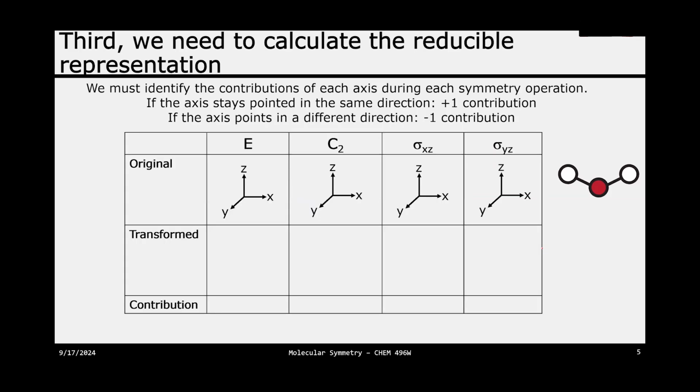So now we need to calculate the reducible representation. I assume both of you haven't done anything with reducible representations, right? Nope. The last thing we did was as far as we went. All good. So essentially what this means is we're just calculating all the modes that are possible for it. It basically puts its matrices into a more understandable way.